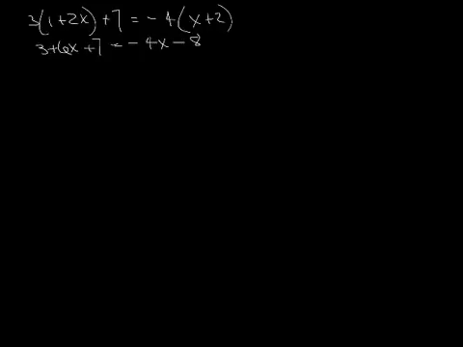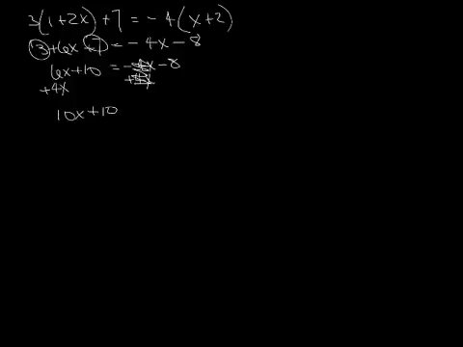All right, let's get the like terms together, so I can make that 6x plus 10 equals negative 4x minus 8. Then I'm going to move my x's together, so it's a minus 4x right there. If I add a 4x, then I'll make that 0, and I'll add a 4x there. So I get 10x plus 10 equals negative 8.